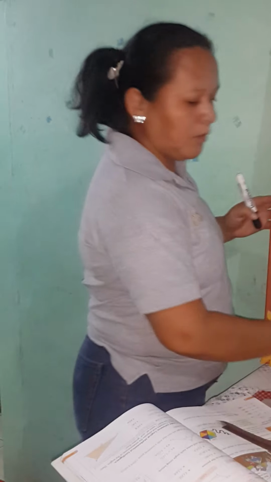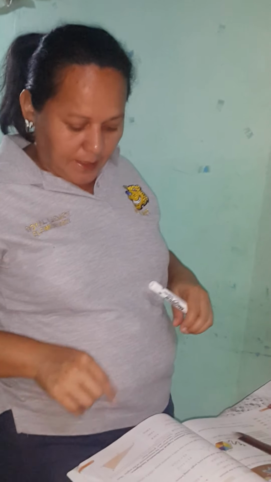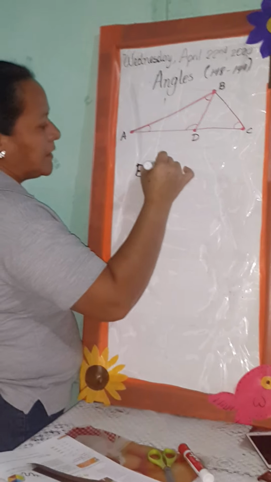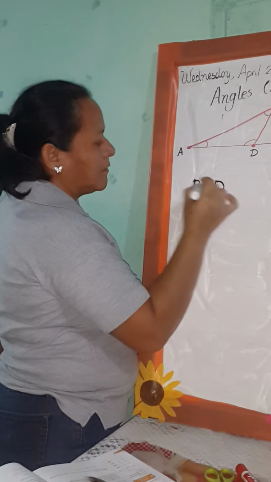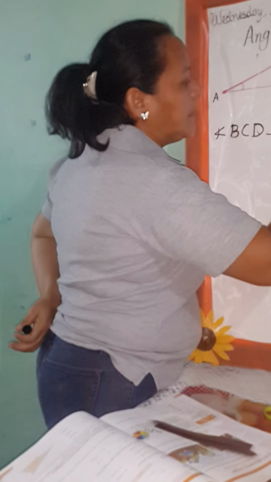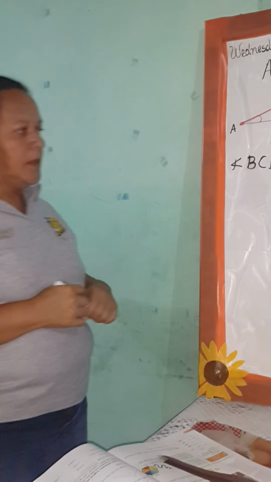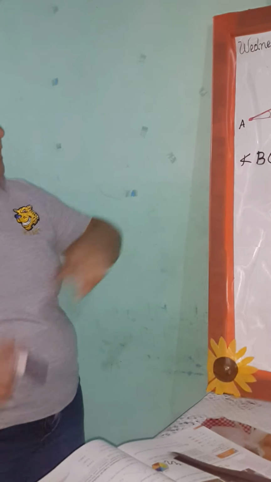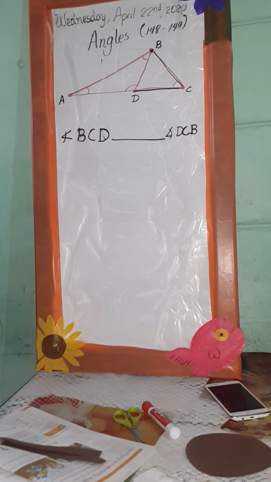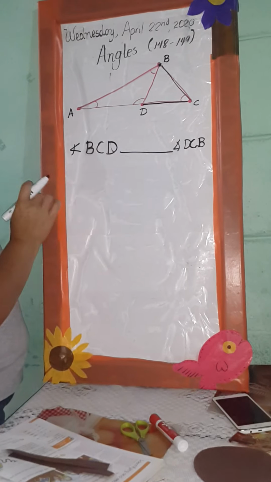Okay, so we have A, B, C, D. This is one angle, the line in the center, and then the other angle is D, C, B. Okay, this is one angle, B, C, D. That means B, C, D. This angle is this.